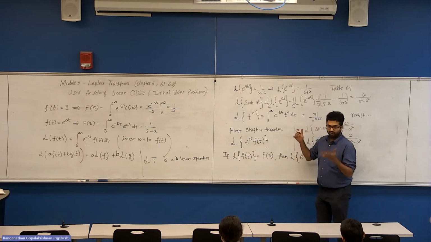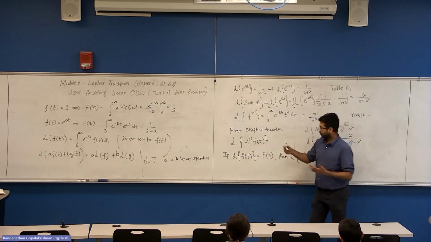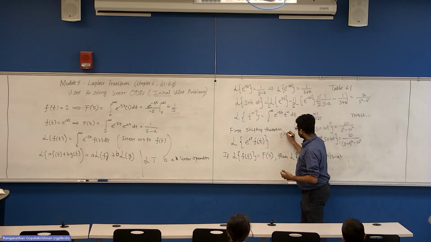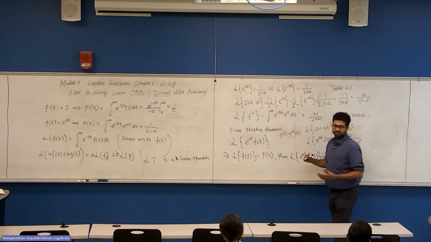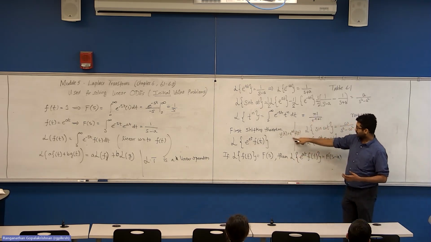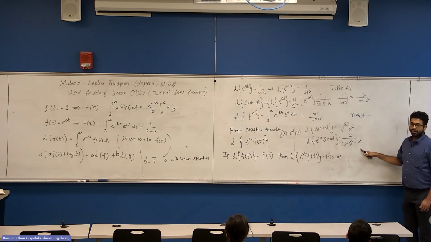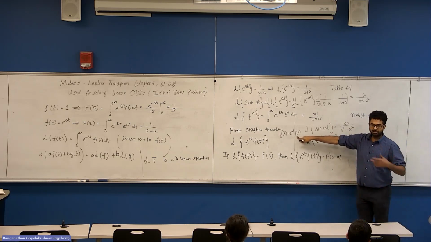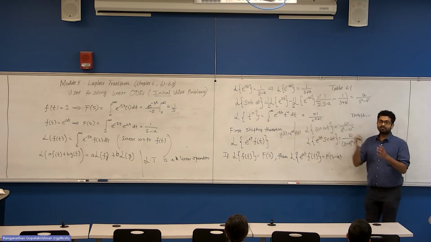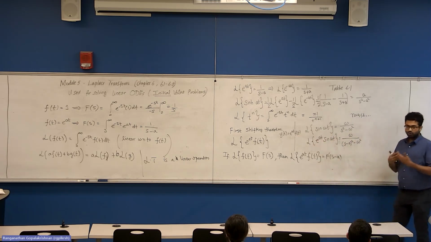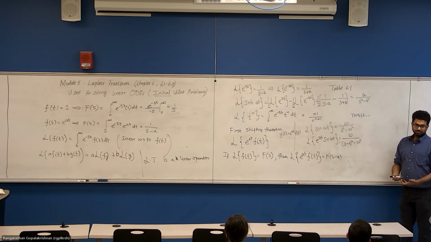Suppose y of t is e power at times f of t. If you could write it like this, you are skipping one step by using the shifting theorem. Maybe f of t is already tabulated, it's a known function, it's just multiplied with an exponential. So wherever possible, you should look to use these results. Okay?